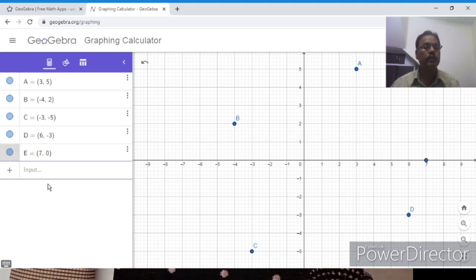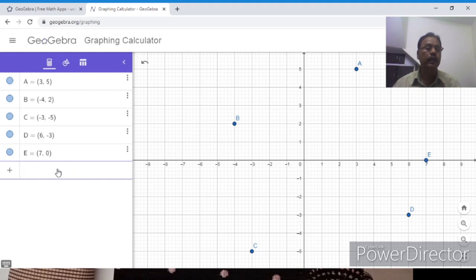You can see here the point E is lying on the x-axis. Whenever you find the y coordinate is 0, it will always lie on the x-axis. If you find the x coordinate is 0, it will automatically lie on the y-axis.